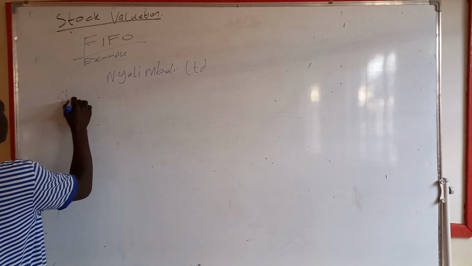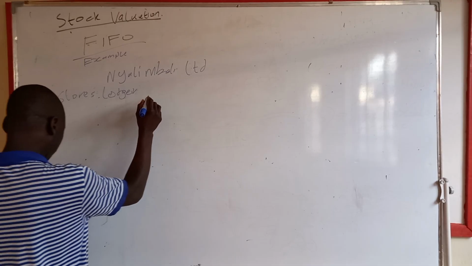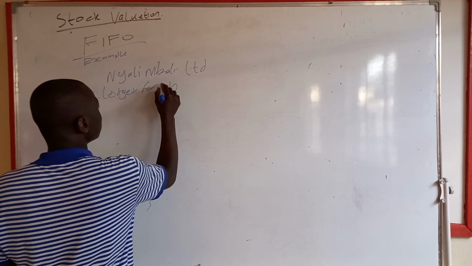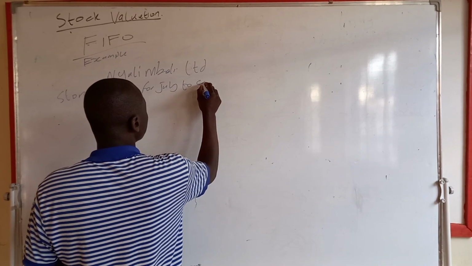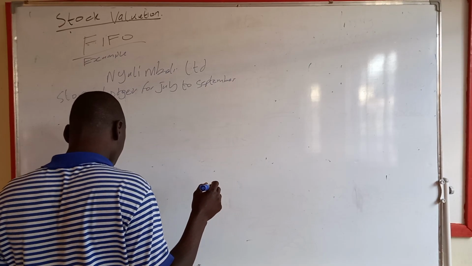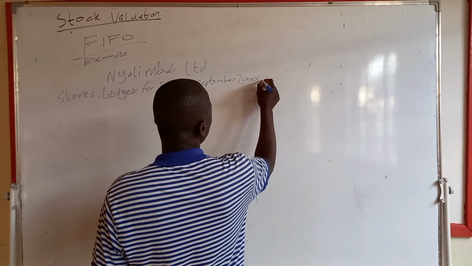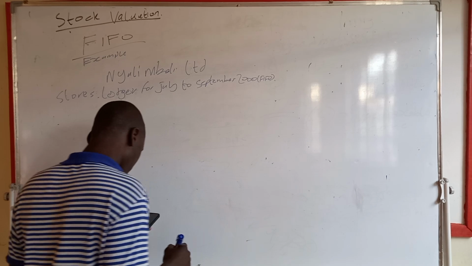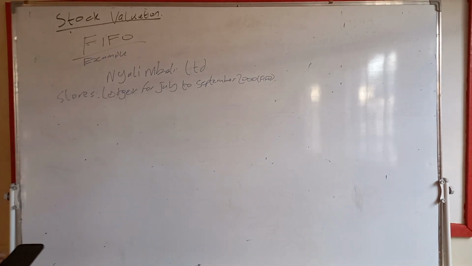Stores ledger for July to September 2000 using FIFO. Okay? Using FIFO.